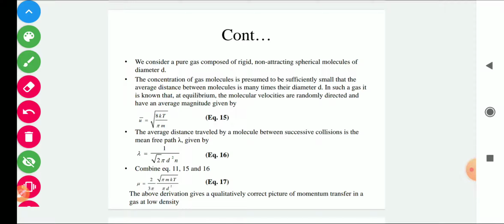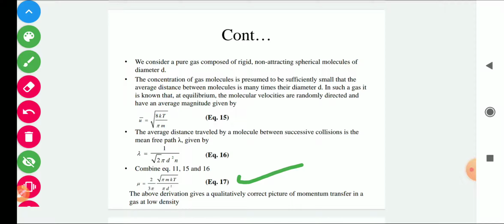After putting u bar and lambda in equation 11, we get the final value of viscosity, which is equal to 2 upon 3 pi times the square root of pi m kT upon pi d square.